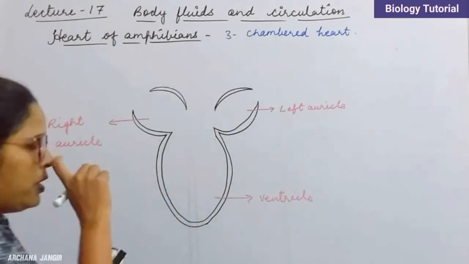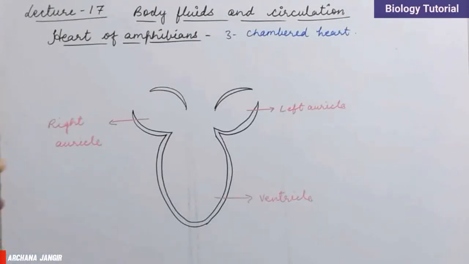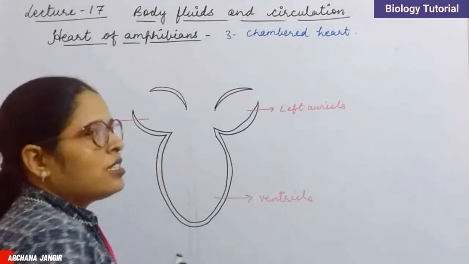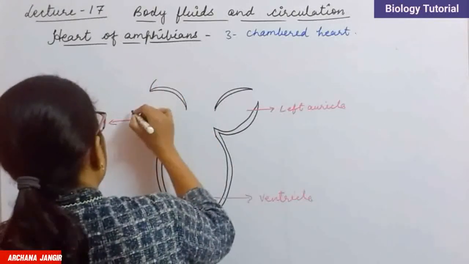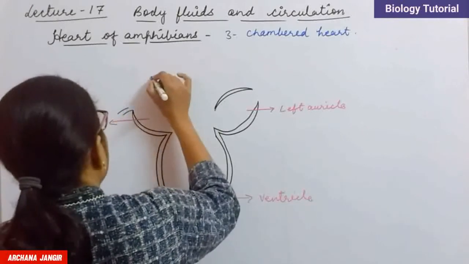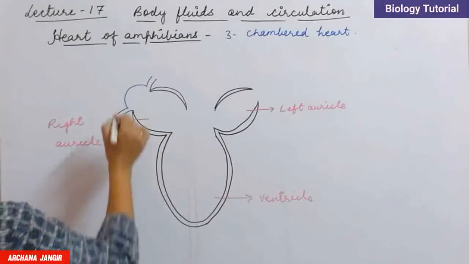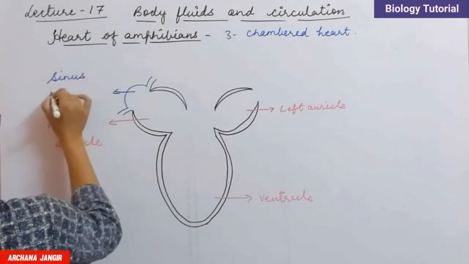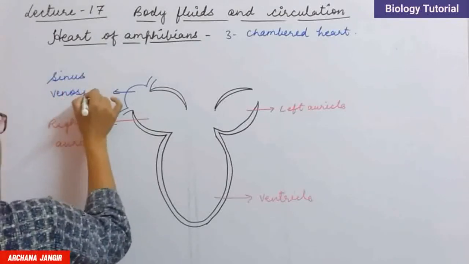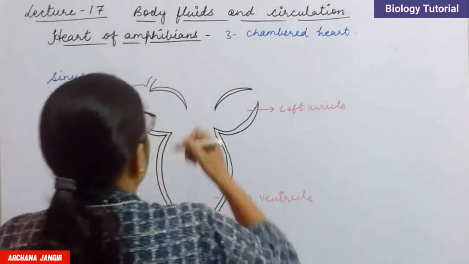Now where is sinus venosus and truncus arteriosus? Sinus venosus is connected with the auricle. So here is sinus venosus. And where is truncus arteriosus? Here is the truncus arteriosus.